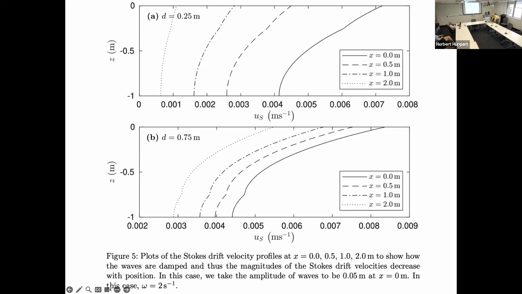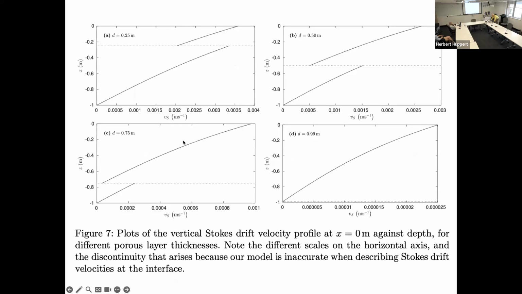Of course, rather small, but it gets less and less as we go in because the energy has been taken out of the flow. Well, this is now for a quarter coral layer. Here's for 3/4 coral layer. This is now the vertical drift velocity, and it's rather small, but it's still very important.